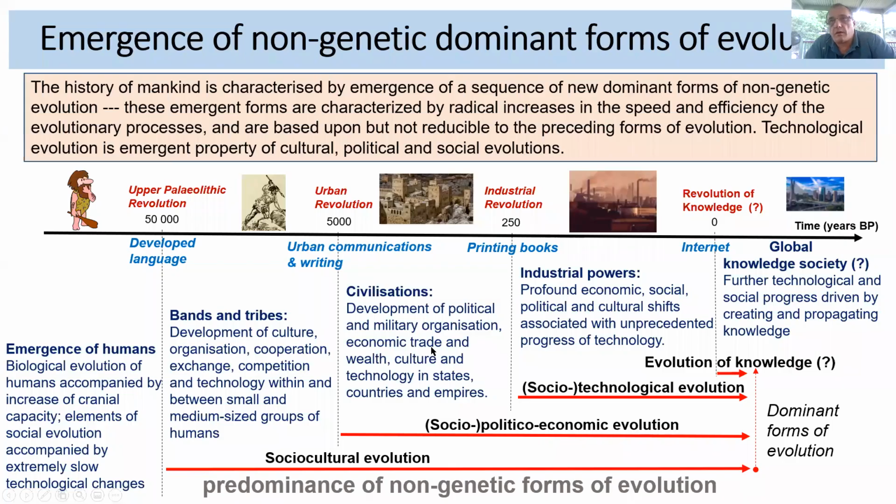Let us try to summarize what the history of technological development tells us. We have a sequence of emerging processes of higher and higher complexity and higher efficiency. Originally, humans were developed through some biological evolutionary processes, and technological development was extremely slow.